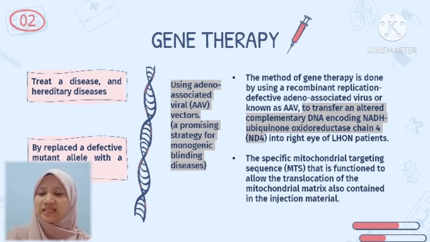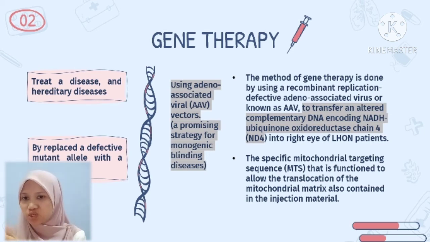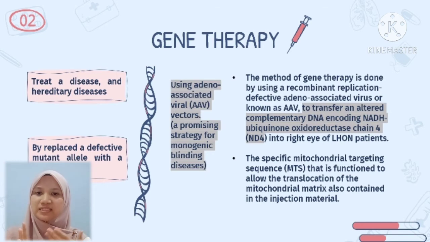Besides, this study used unilateral gene therapy injection in 37 patients that lost their vision between 6 to 12 months. As I mentioned before, gene therapy is done by inserting genes into individual cells and tissues to treat a disease, and hereditary diseases by replacing a defective mutant allele with a functional one.